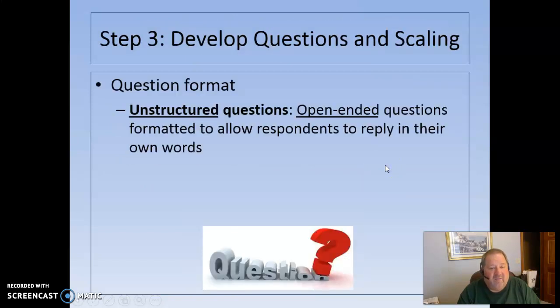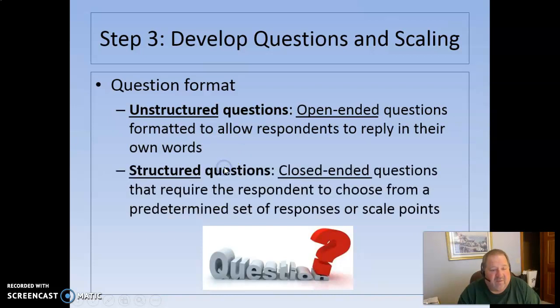Then questions. Unstructured questions are open-ended and allow the respondents to reply in their own words. Good news is you get good, rich data. The bad news is it takes a lot of time to analyze open-ended responses. Structured questions are closed-end and require the respondent to choose from a predetermined set of answers, or a scale of 1 to 5 or 7 Likert points to determine intensity.